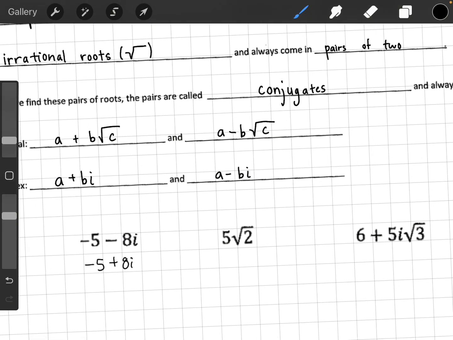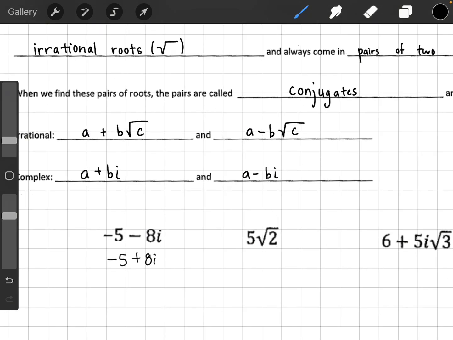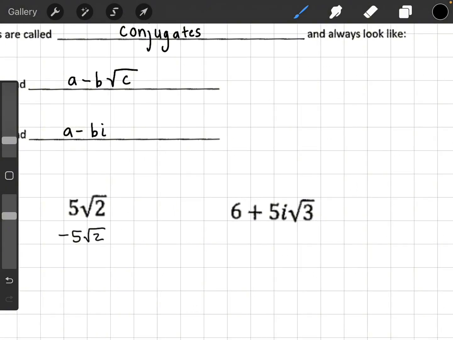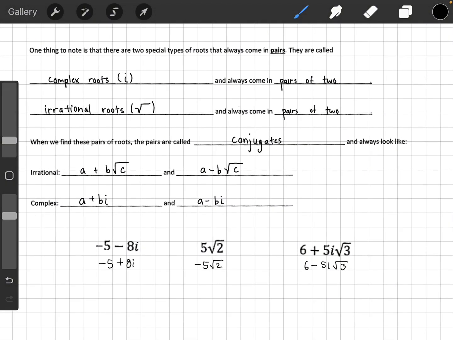And this one is an irrational root, and this one does change signs. This one has both irrational and complex components in it, and it will change signs as well. So that's very simple.